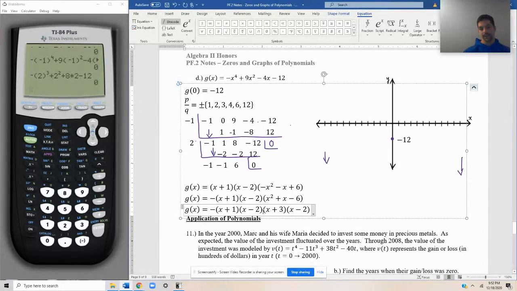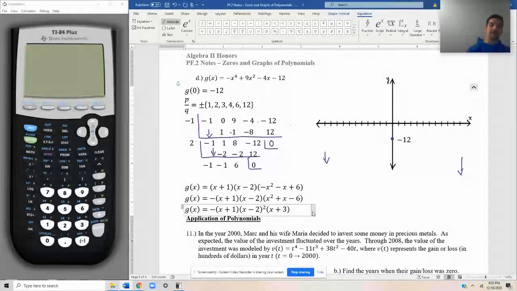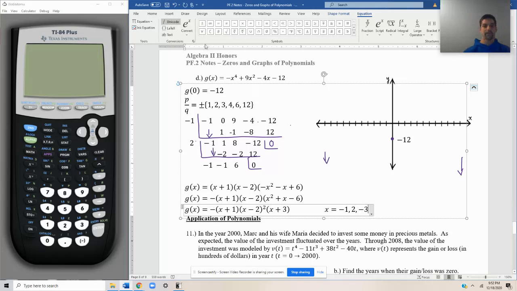So I could then notice I have two x minus 2's, so write this as x minus 2 squared. So finally, after all of that work, my solutions for g of x would be negative 1, which we found initially, 2 for x minus 2. Notice that it's going to bounce here because this happens twice, and negative 3.